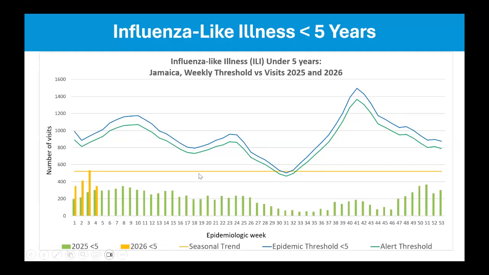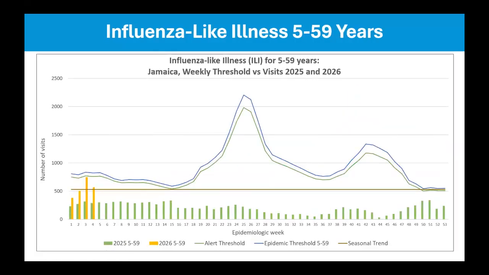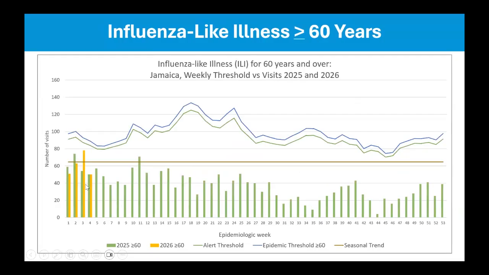So the seasonal is when it goes over this yellow line. When you look at the 5 to 59, you can see we did go seasonal and almost approach alert threshold.